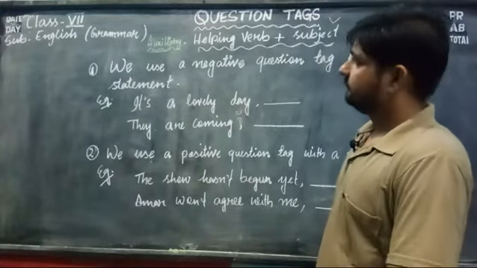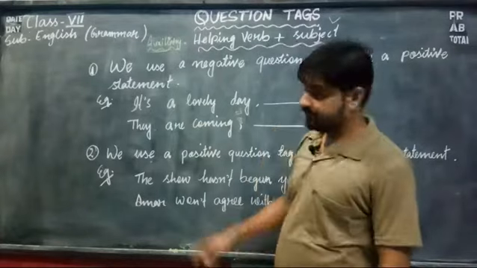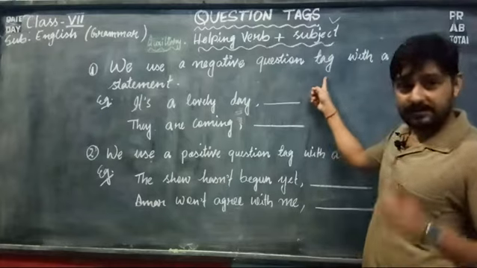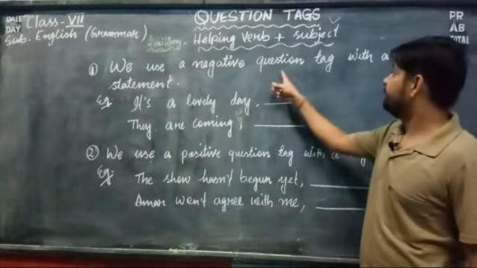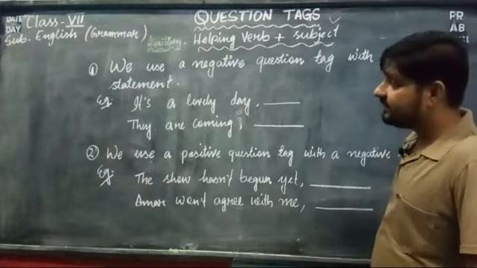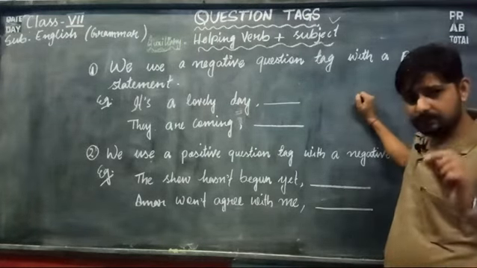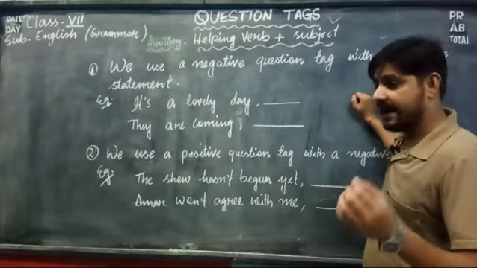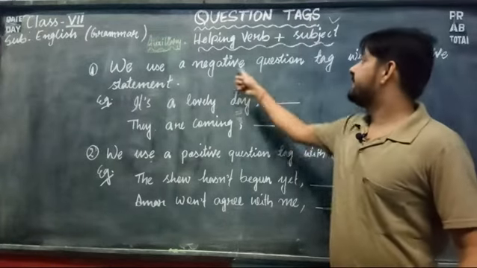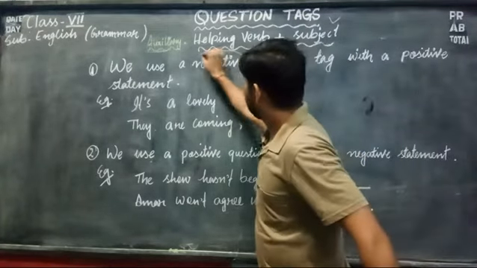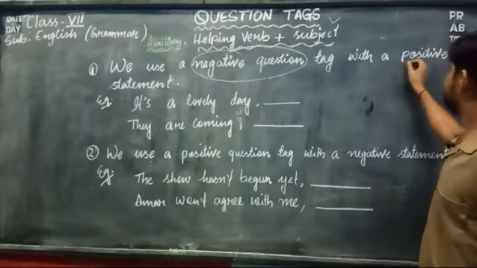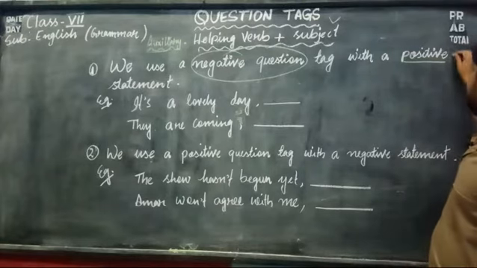So, the first point: we use a negative question tag with a positive statement. What does it mean? When we get, or read, or find a positive statement, then we use a negative question tag.